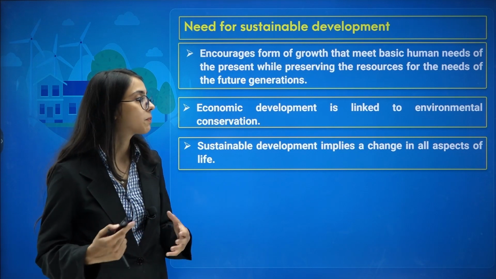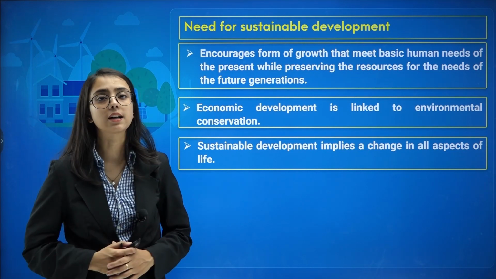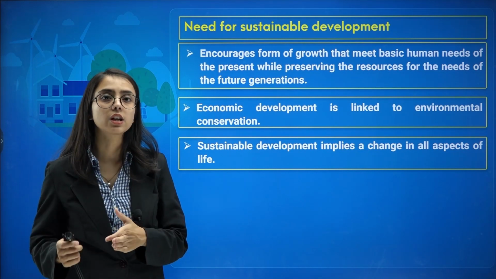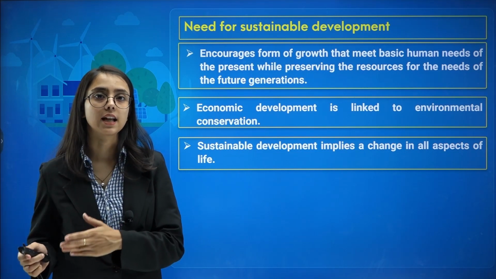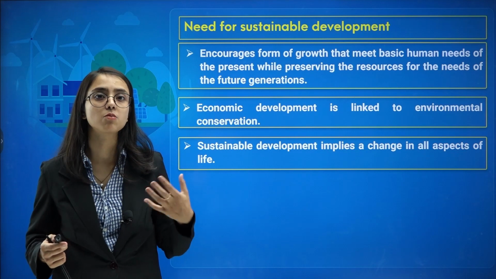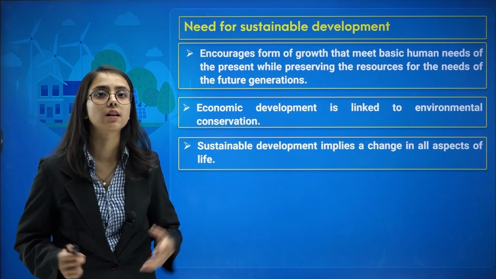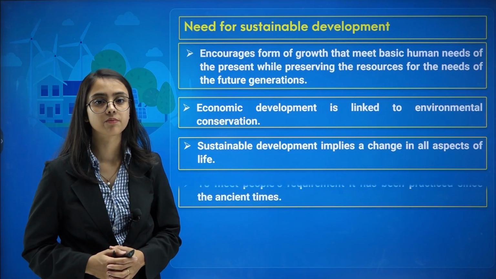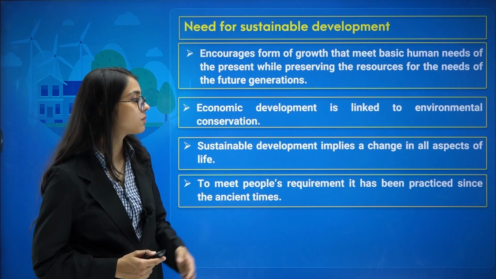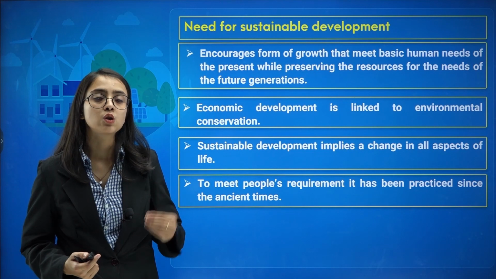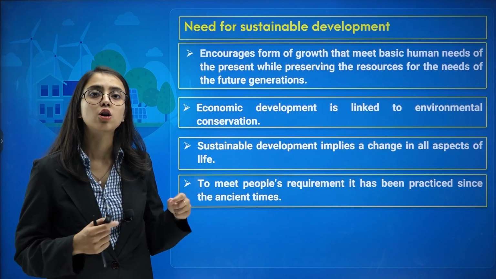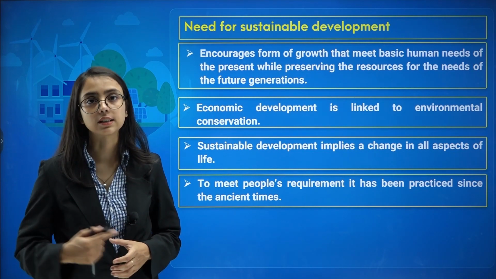Sustainable development implies a change in all the aspects of life, transitioning from an unhealthy lifestyle to a healthy lifestyle and using more and more things that protect our environment. To meet requirements, it has been practiced since ancient times. For example, utilization of cloth bags instead of polythenes.